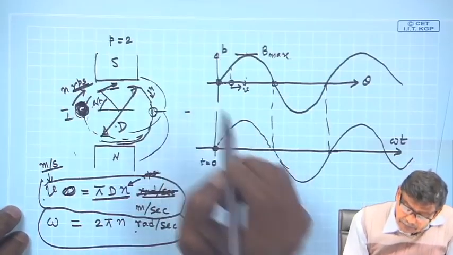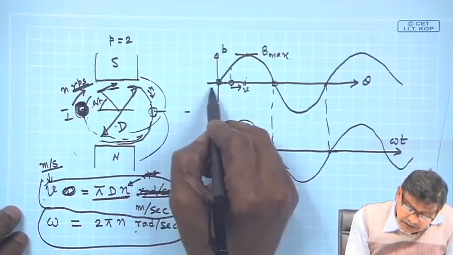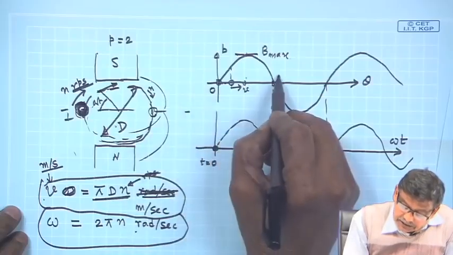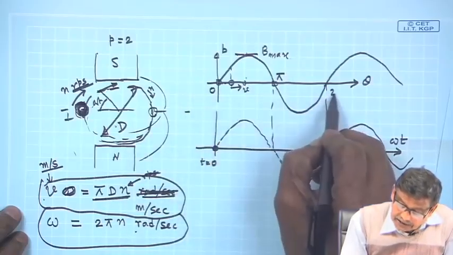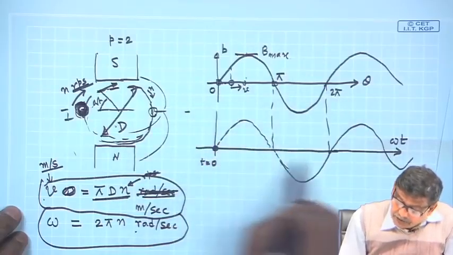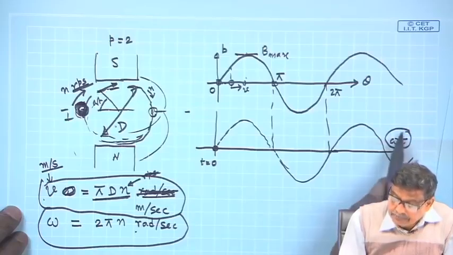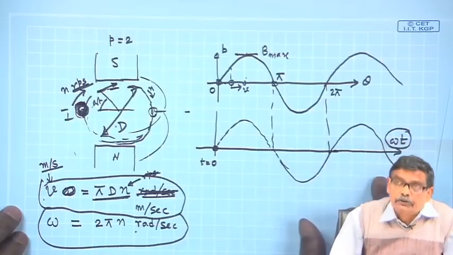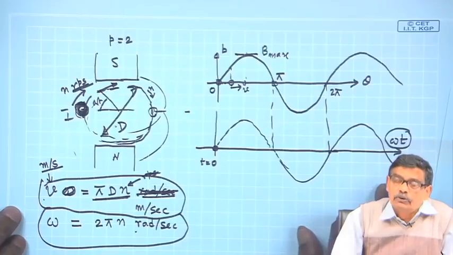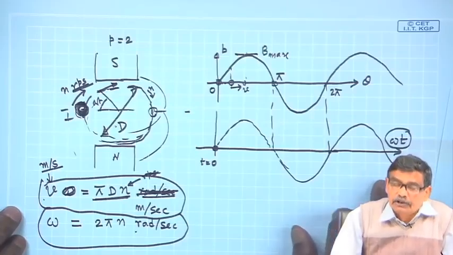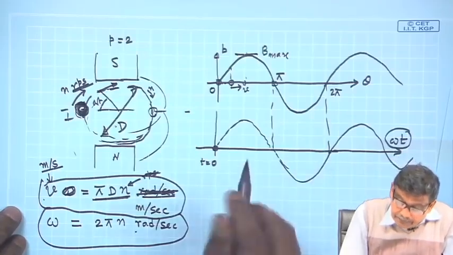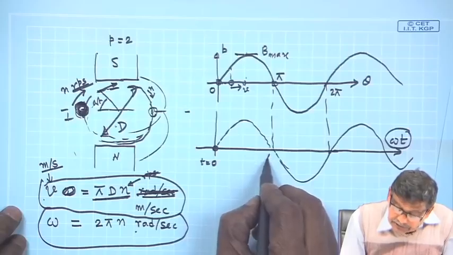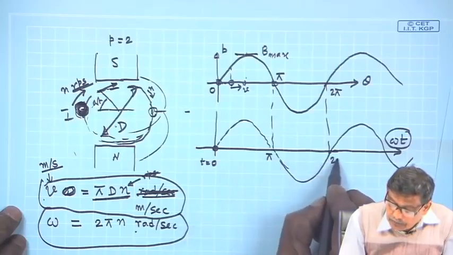Therefore, if you call this theta to be 0 here, pi here, 2 pi there, similarly for the induced voltage, this axis I have changed to omega t, as I want to know how the terminal voltage will look against time. So, this is 0, this is pi, this is 2 pi.